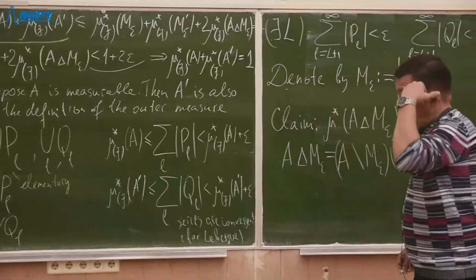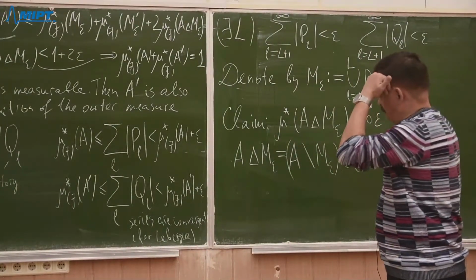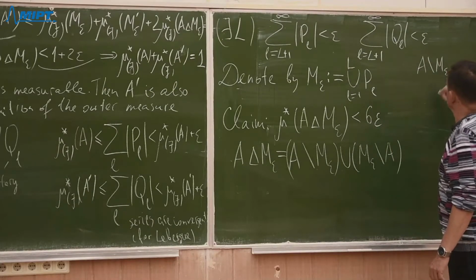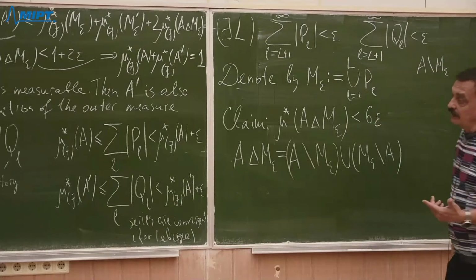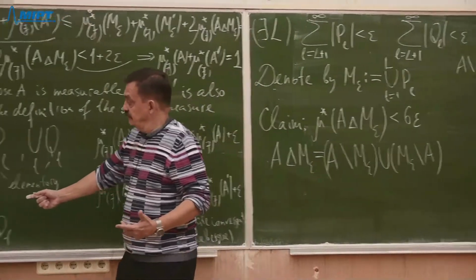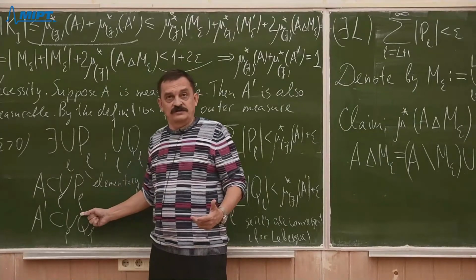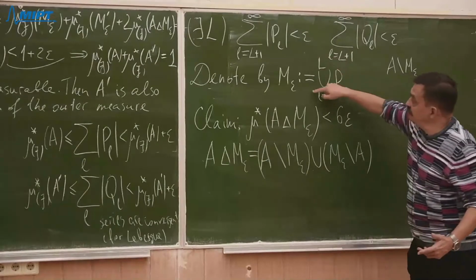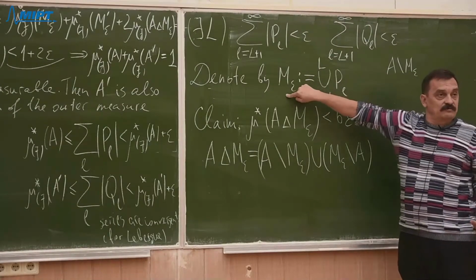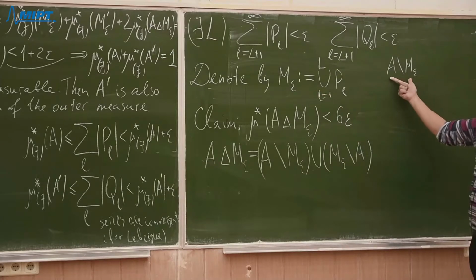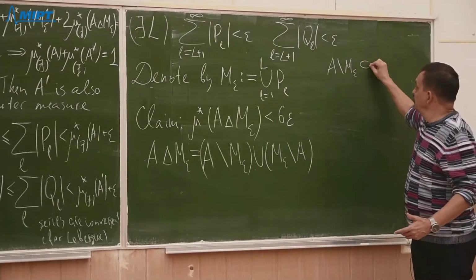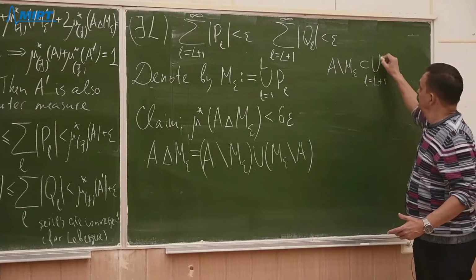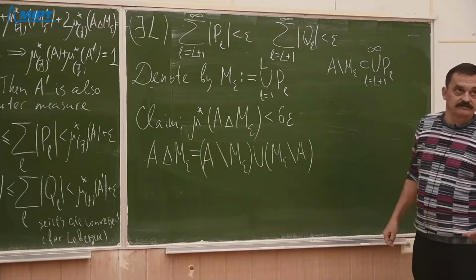Okay, so what is A minus M epsilon? Look, A was covered by the union of all those things, right? And then we included the first capital L into M epsilon, right? Then what is not covered by M epsilon? Only the union of the rest, right?